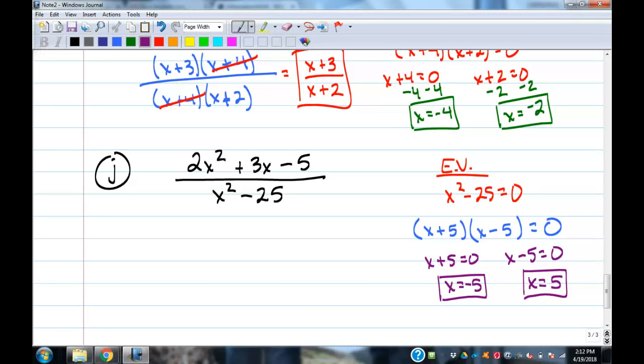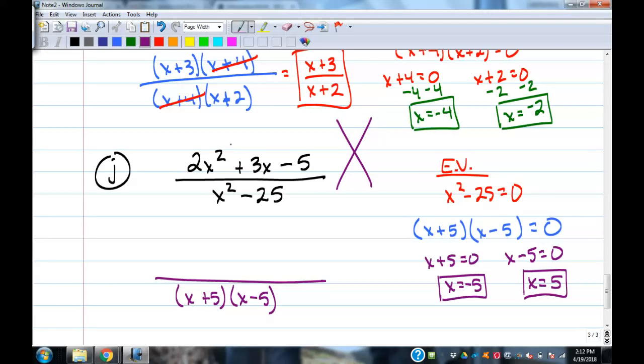Now, going to simplify this, we have x plus 5, x minus 5 on the bottom. The numerator is a trinomial. Is there a GCF amongst those three terms? No. What method do I use? X method.